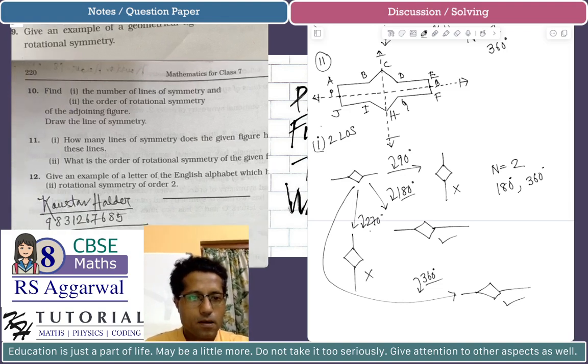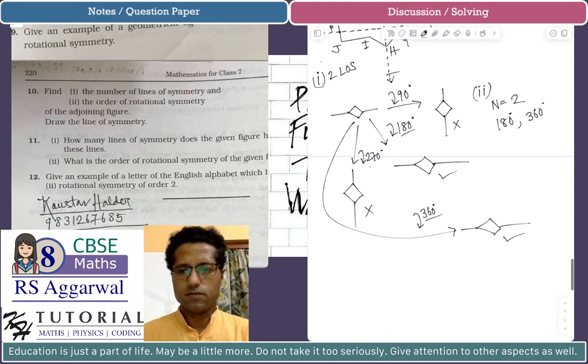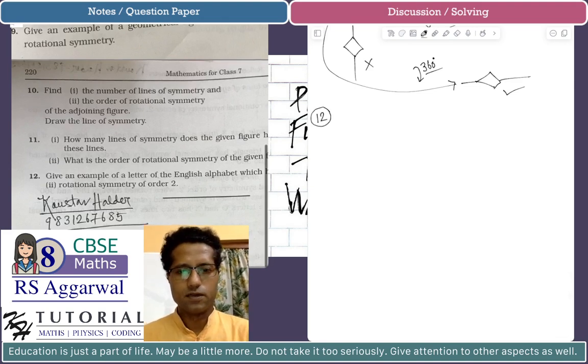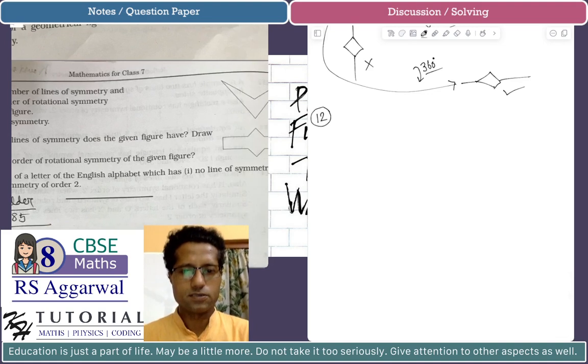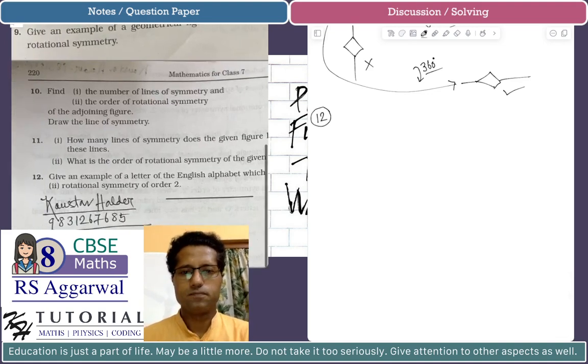Okay. Part 2. Question number 12. Give an example of a letter of the English alphabet which has no line of symmetry and rotational symmetry of order 2.